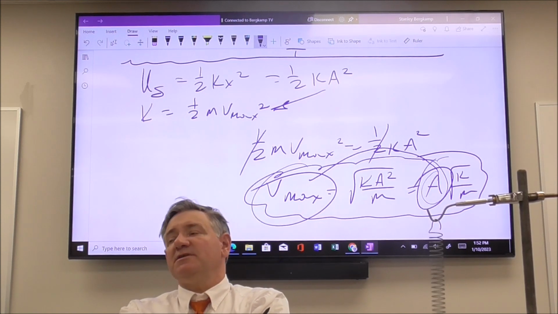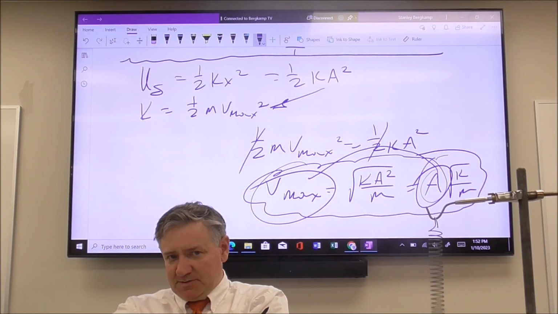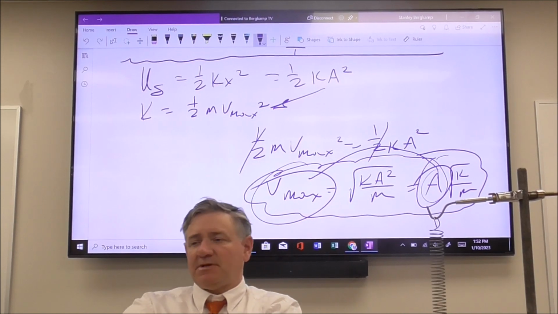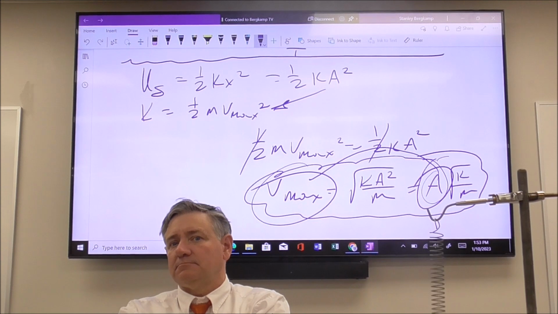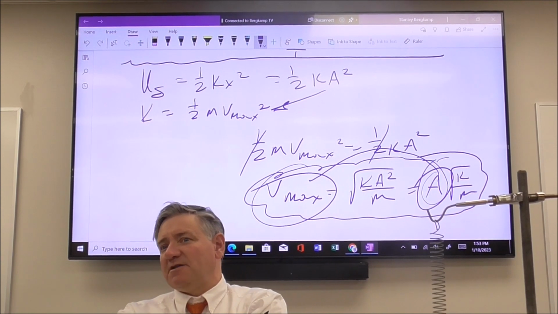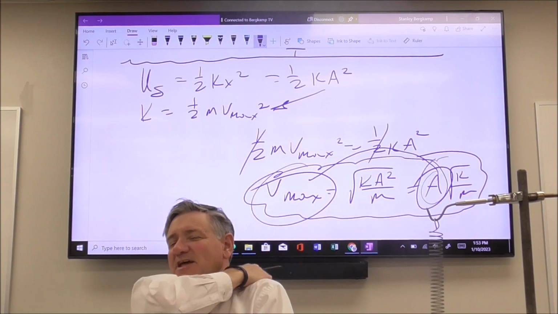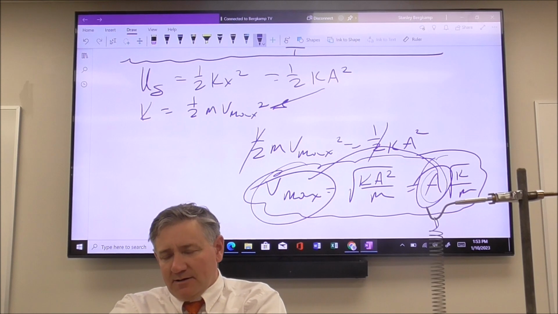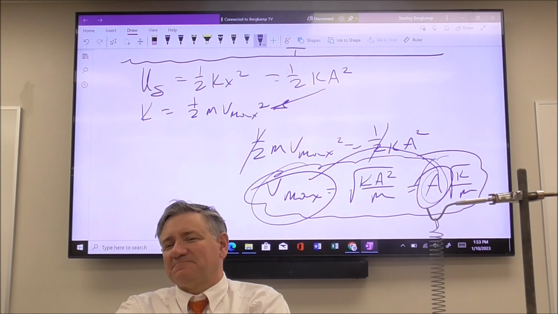But think this through all the way to the end. If I double my amplitude, what impact is that going to have on my maximum kinetic energy? It's going to quadruple it. Why? Because of mv squared.